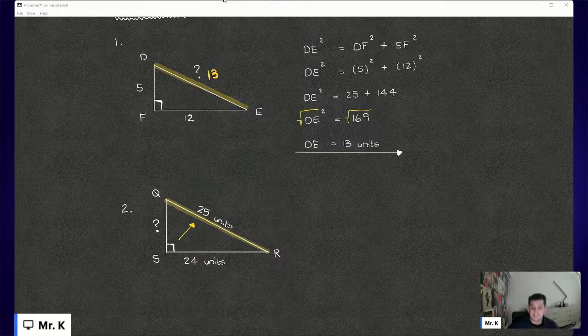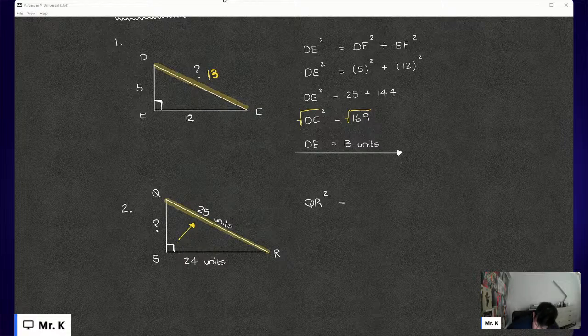So let's quickly write out Pythag, or the theorem of Pythagoras, in full using this, and then we can rearrange it. So we know that the longest side of the triangle is side QR. So QR squared has got to be equal to both of these other sides, which are squared, added together.